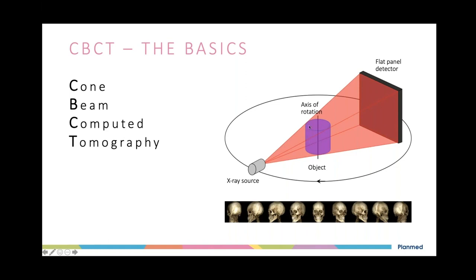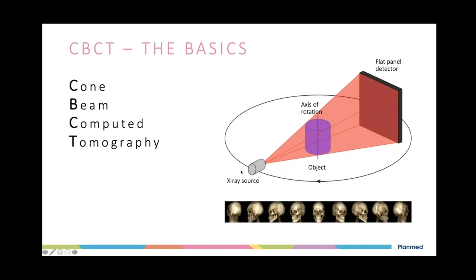The patient remains stable in the middle, and the X-ray source and the detector panel rotate around the patient on a C-arm. Many of you are likely familiar with the panoramic imaging in your dentist office. Oftentimes today, cone beam imaging is a dual function with panoramic two-dimensional imaging.